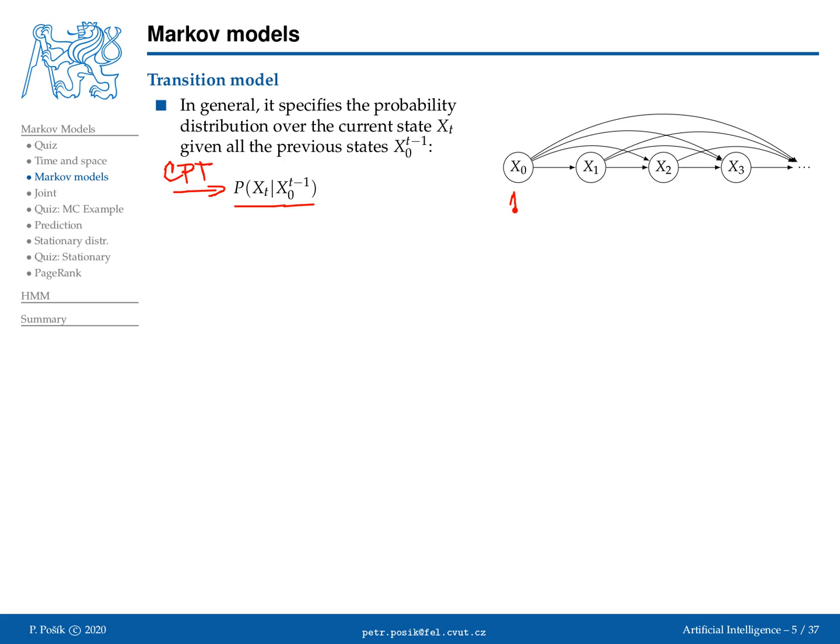Here you have only one parameter that you have to specify because there is no parent. Here you have two parameters because there is one parent, and it can have two values. So if all xi are from a set of two values, 0 and 1, then this variable would have four parameters in its conditional probability table, because it depends on two binary variables.